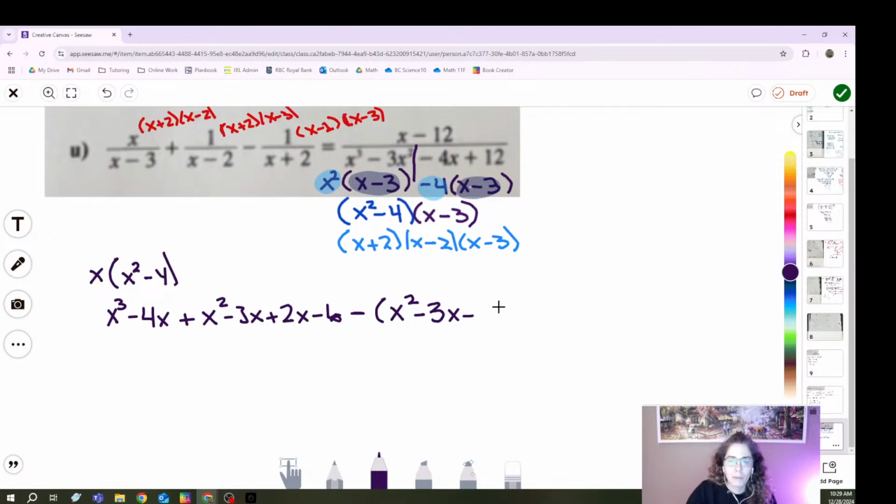Okay, so you got a minus x. Let's check it. I'm going to just cancel the minus 3 with the plus 3, and then that leaves me with minus 4 plus 2 is minus 2, plus 2 is 0, and then I'm bringing that over. Yep. Looks good.